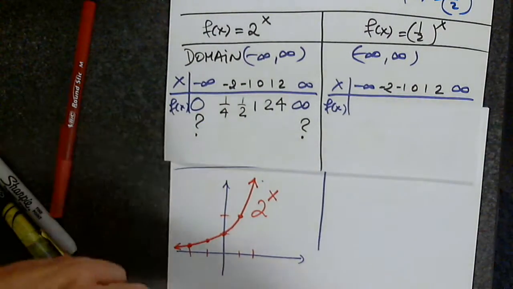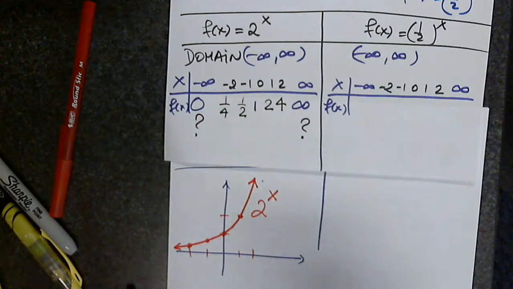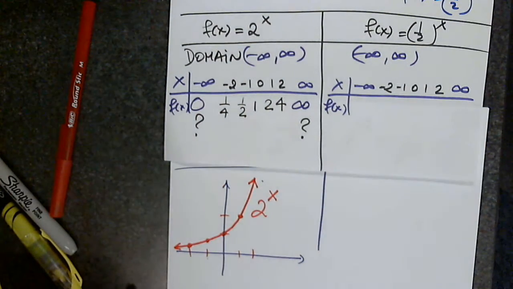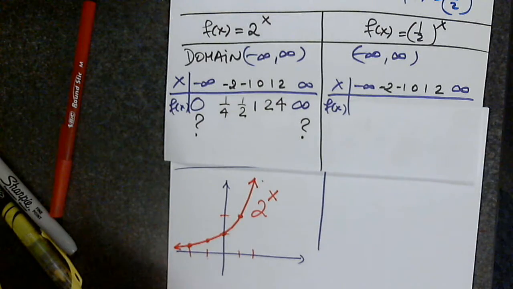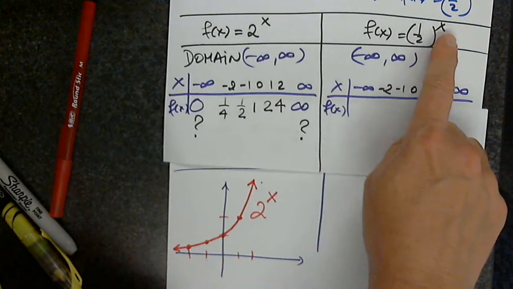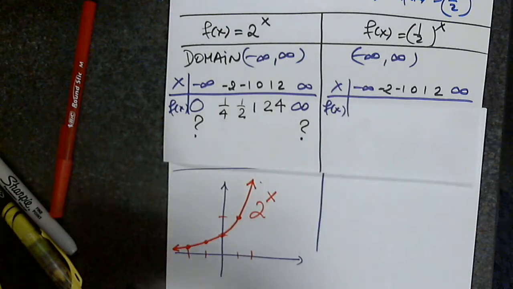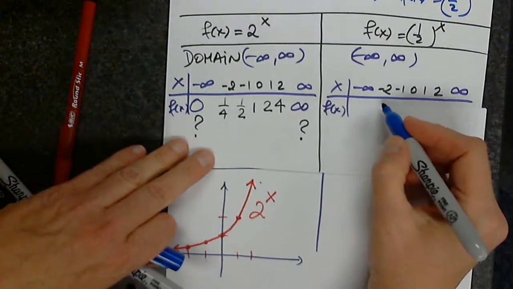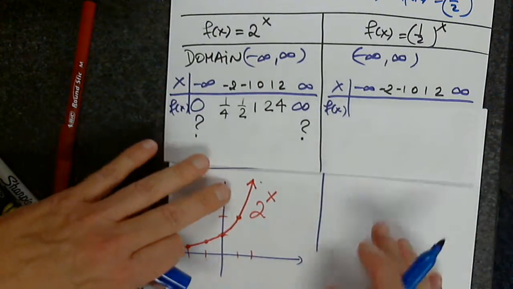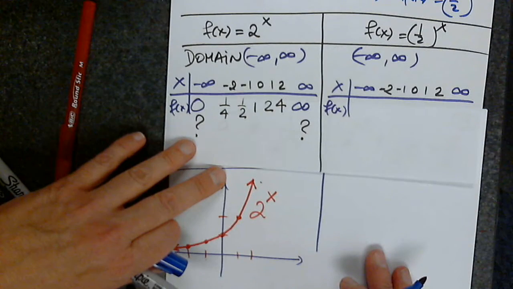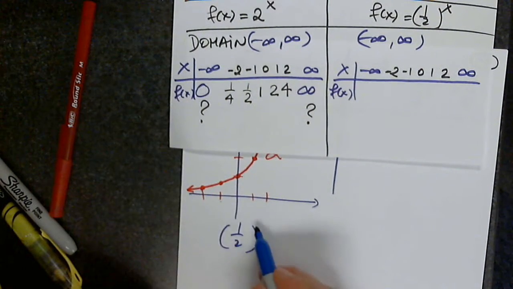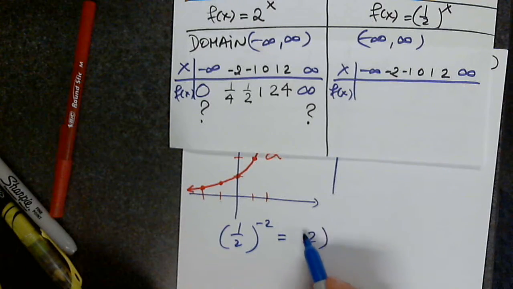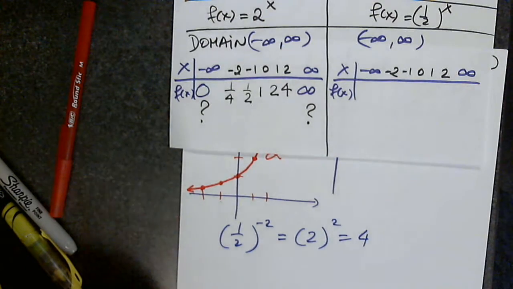So when x is negative 2, remember it's a fraction and the power is negative 2. So what do we get? So 1 over 2 raised to negative 2 is 2 raised to the second power, which is 4.